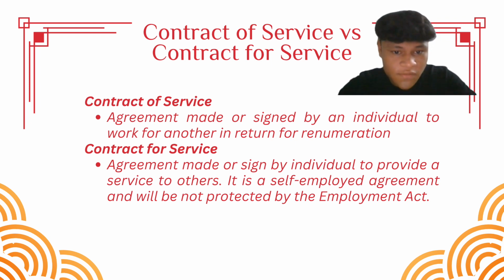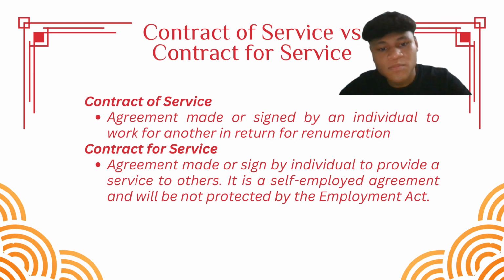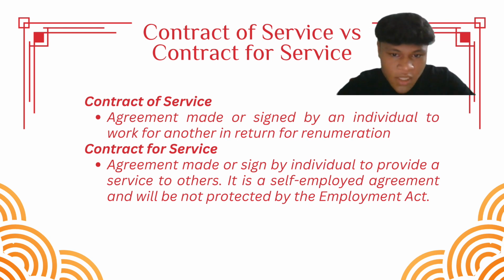A contract for service is an agreement made or signed by an individual to provide a service to others. It is a self-employed agreement, and it will not be protected by the Employment Act.